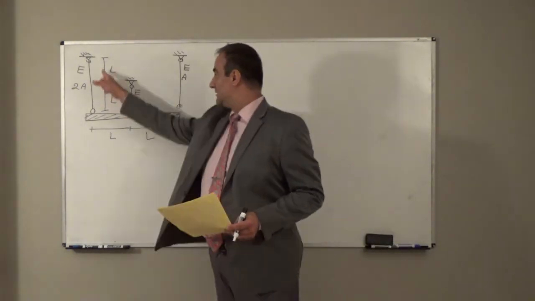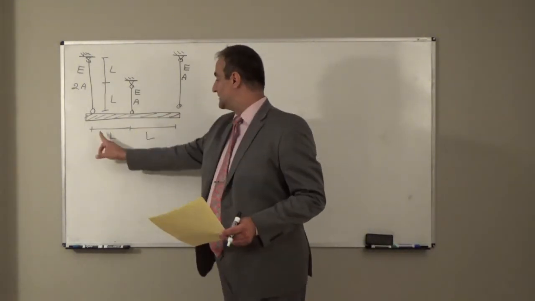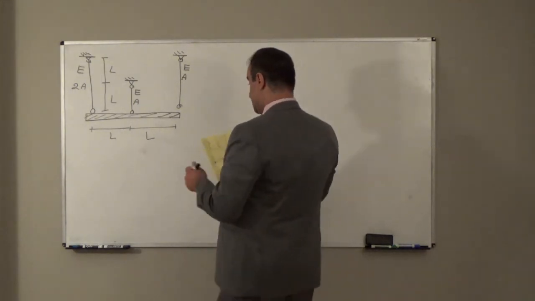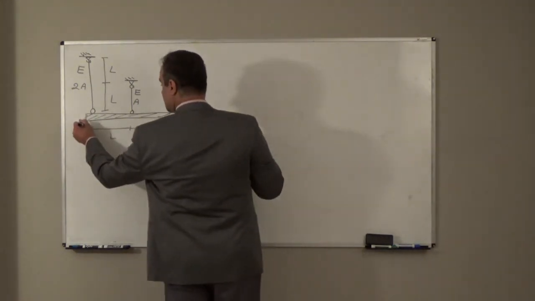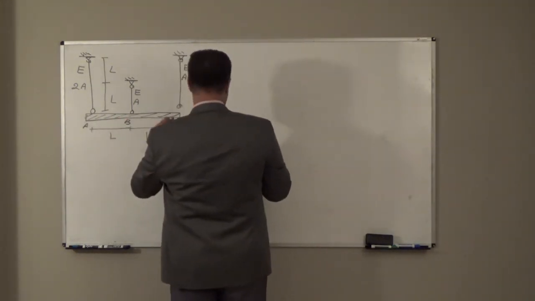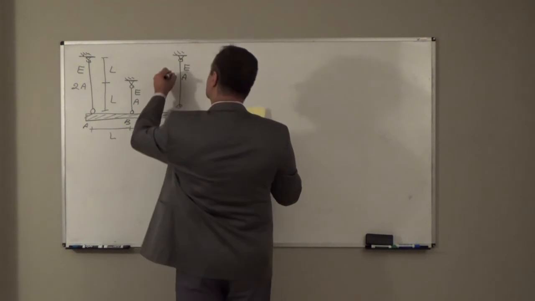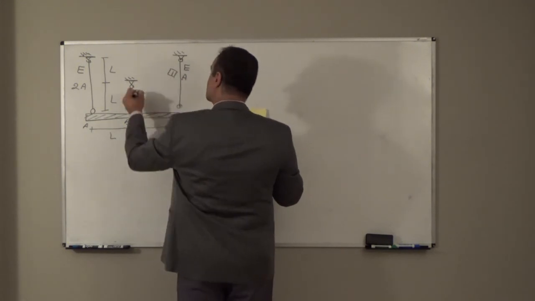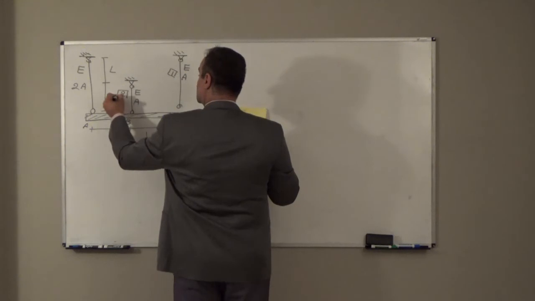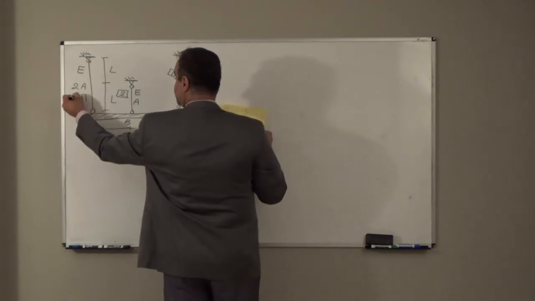And you see length 2L, and this is L and L. This is point A, B, C. Member 1, member 2, member 3.